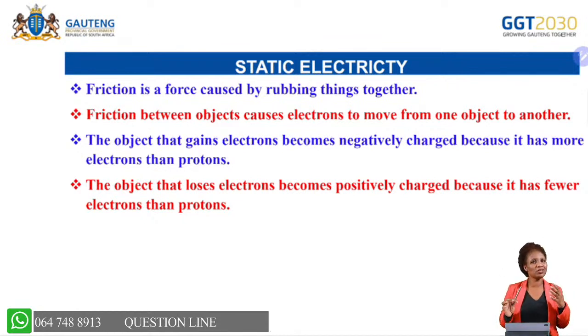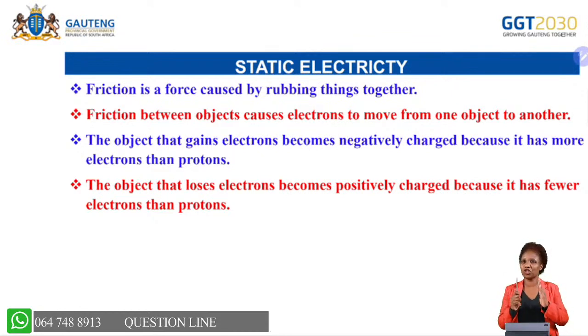The electrons from the glass rod are going to be transferred onto the silk cloth, leaving the glass rod positively charged, and the cloth will be negatively charged because it has received what? It has received electrons. And then if you bring these two together, remember now they've got different charges. The glass rod will remain positively charged and the silk cloth will be negatively charged.